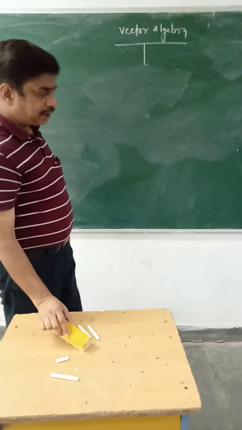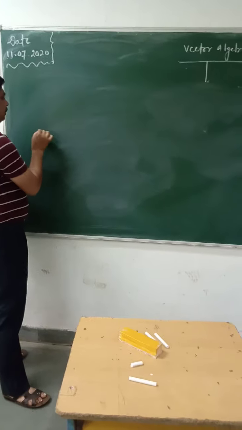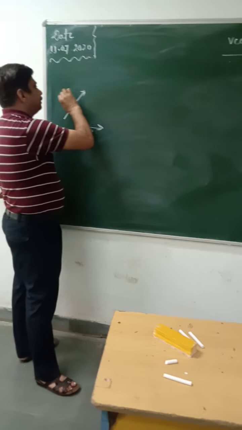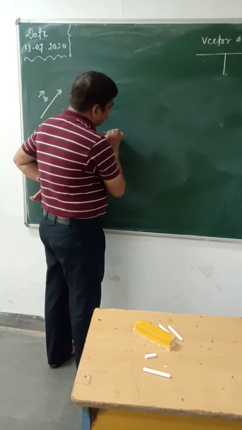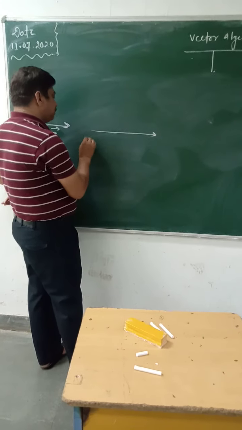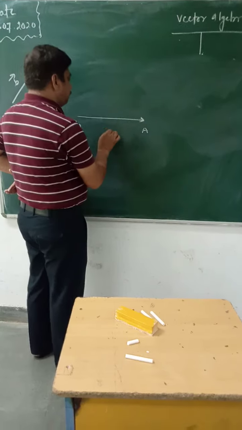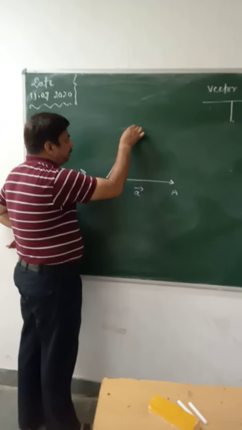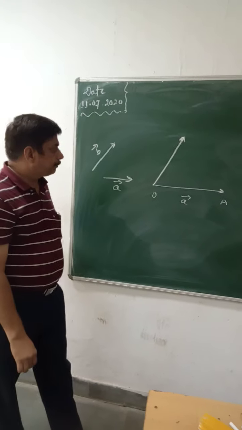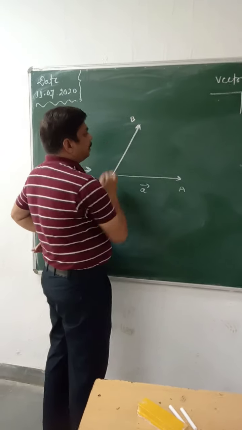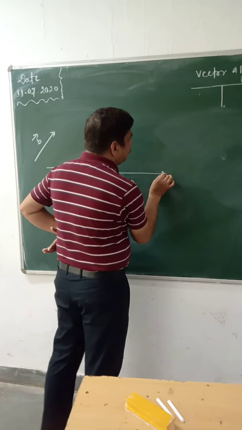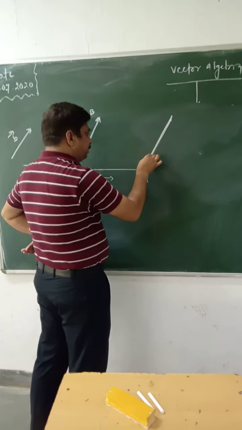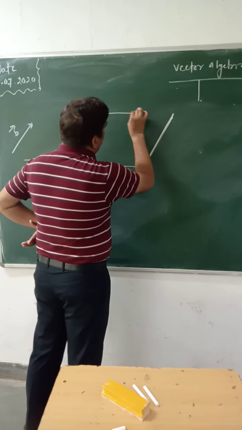Again, we want to add vector A and vector B. This is vector A, OA, and parallel to vector B we have to draw one line, and this is B. Now from A again we have to draw a vector parallel to B, and now we have to join this.